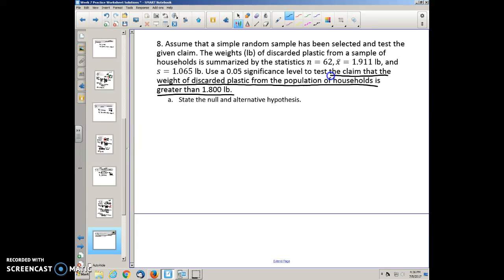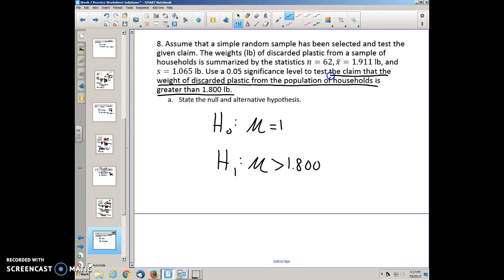This is testing a claim for a population mean. So it's mu equals, and then the alternative hypothesis is either less than, not equal, or greater than. In this case, it's greater than. Mu greater than 1.800, so that's the alternative.